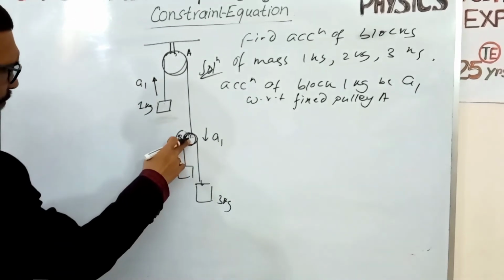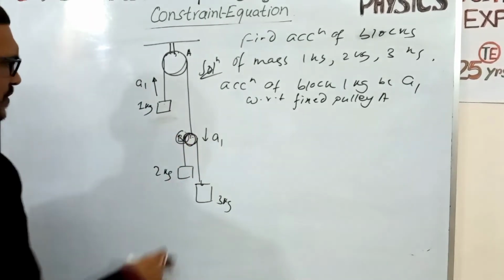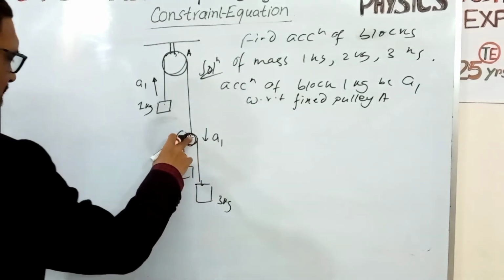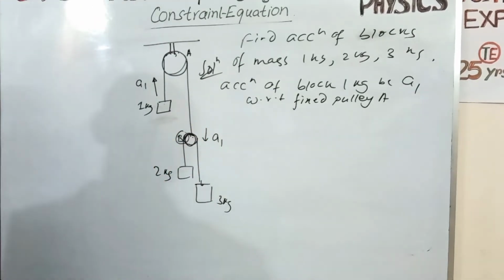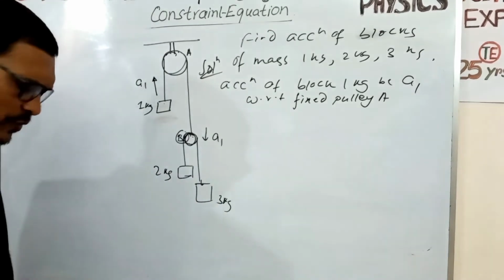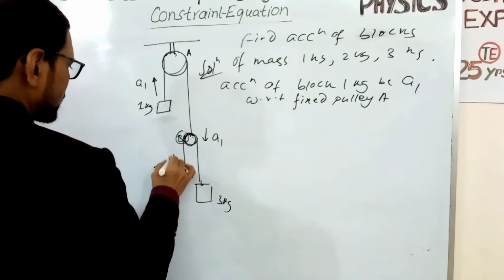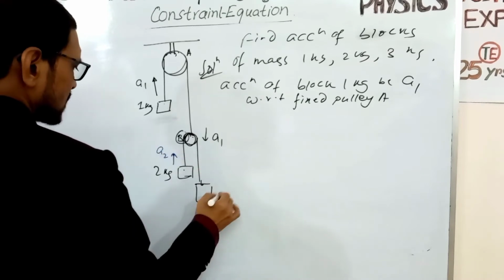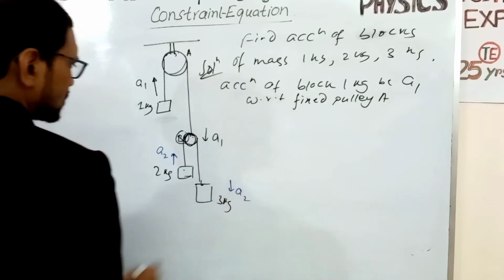Now the pulley b is movable with acceleration a1, and suppose the 2 kg and 3 kg blocks move, the 2 kg block with acceleration a2 and the 3 kg block with acceleration a2.